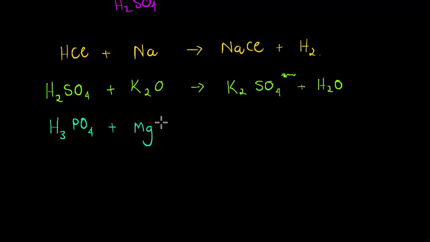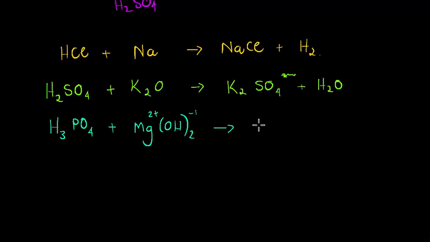Magnesium is in the second column, magnesium hydroxide. And magnesium, because it's in the second column, has a 2 positive charge. Hydroxide has a 1 negative charge, so I need 2 hydroxides to satisfy the 2 positive charges.